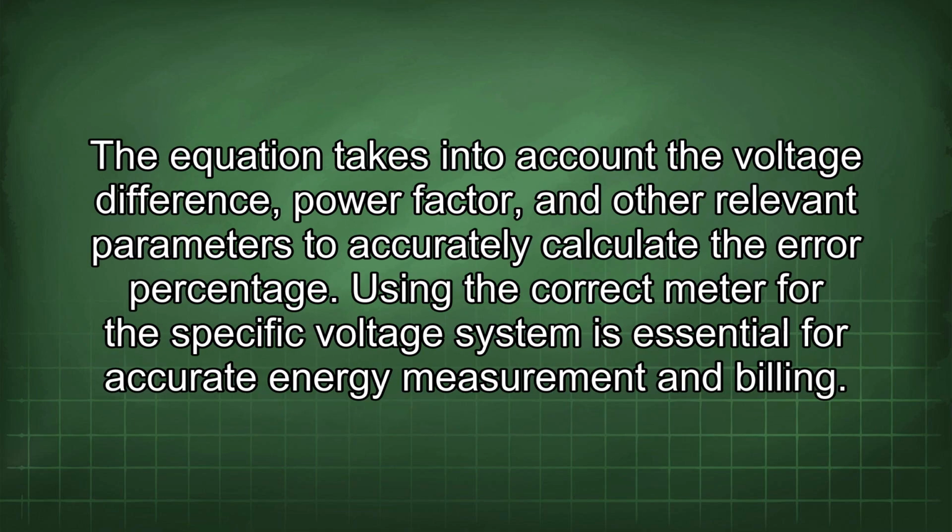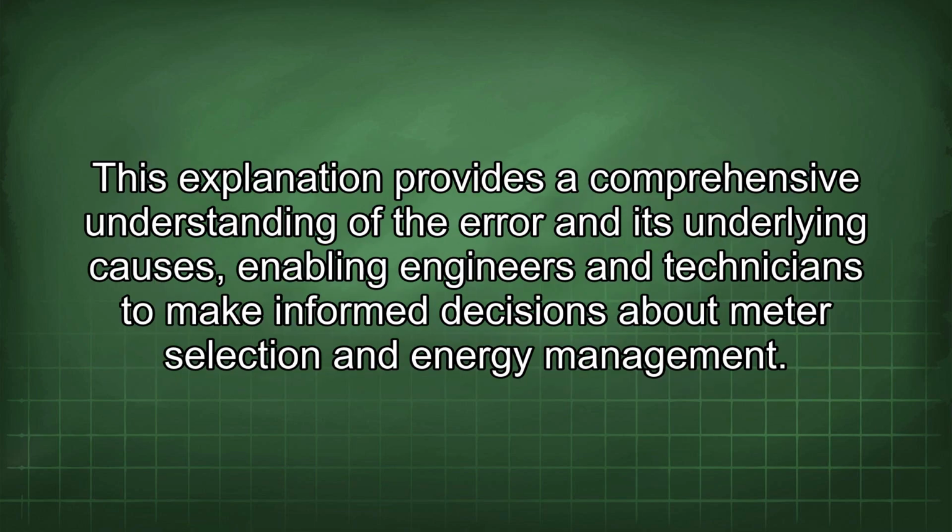The equation takes into account the voltage difference, power factor, and other relevant parameters to accurately calculate the error percentage. Using the correct meter for the specific voltage system is essential for accurate energy measurement and billing. This explanation provides a comprehensive understanding of the error and its underlying causes, enabling engineers and technicians to make informed decisions about meter selection and energy management.